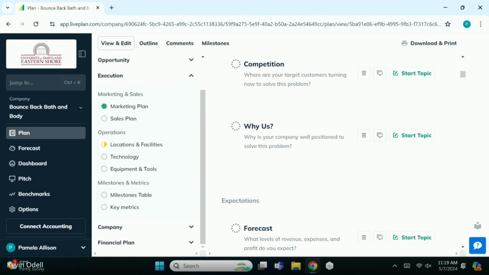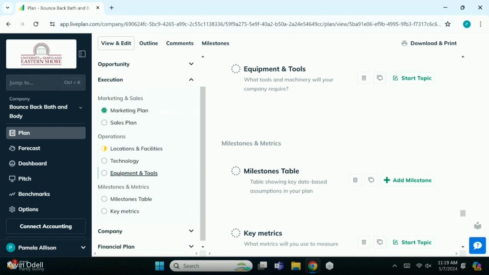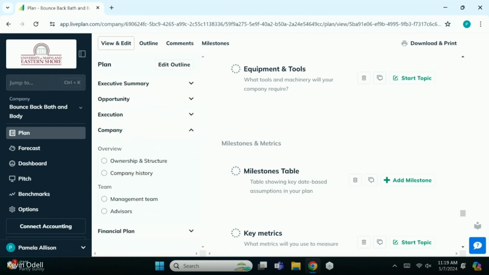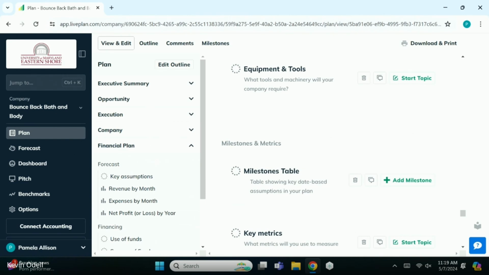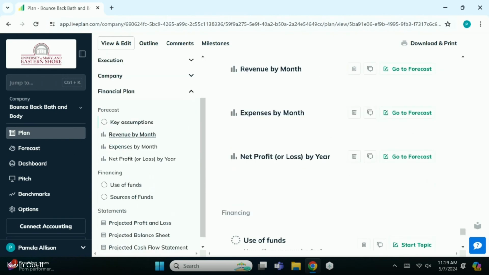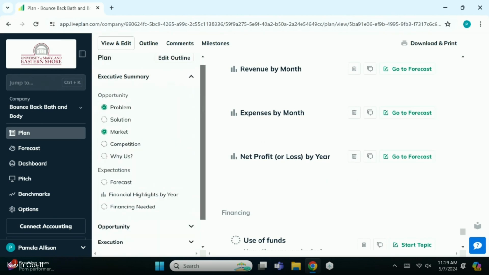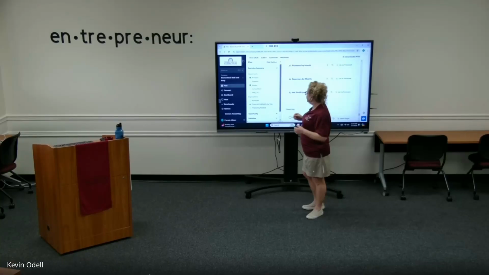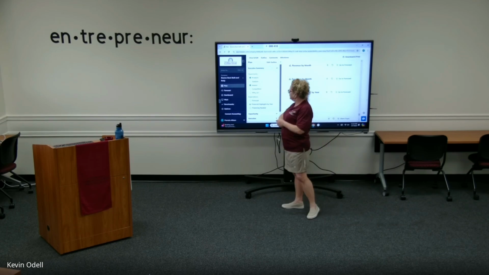When we talked about the company, we talked about the equipment and tools. I know AI, we were just talking about that a little while ago. The people involved, the structure, and we already looked at our finances. So all of this is now here for us to go back to the executive summary and fill in some gaps.